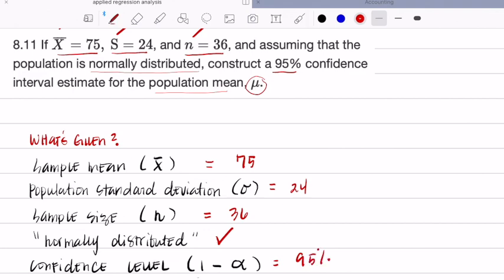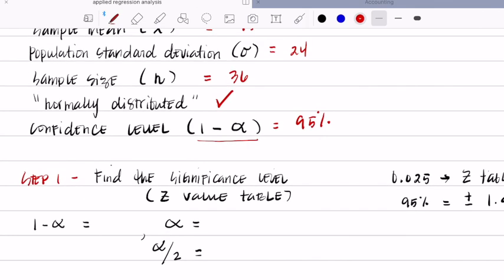The equation for the confidence level is this. Our first step is to find the significance level using the z-value table. We're going to take our confidence level equation, and from the problem it tells us that this equals 95%. Now the significance level equals 1 minus 95%, which is 0.05, and that gives us a value for one tail.